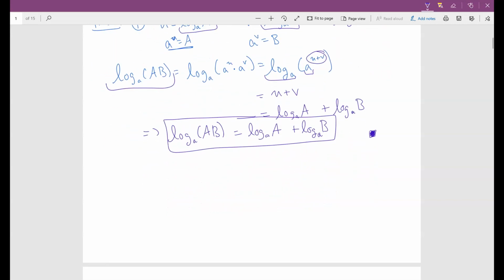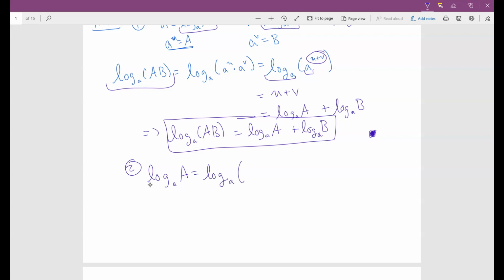Now to prove part 2, we're going to do kind of the same thing. We're going to start off with the following. We're going to say log base a of A over B. We're going to start with this and rewrite it so we can write B somewhere in there.